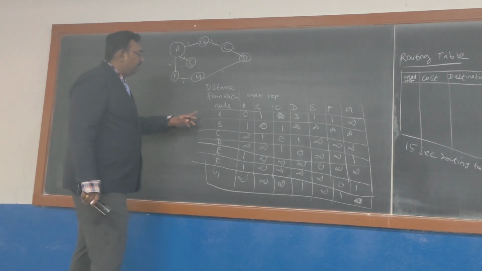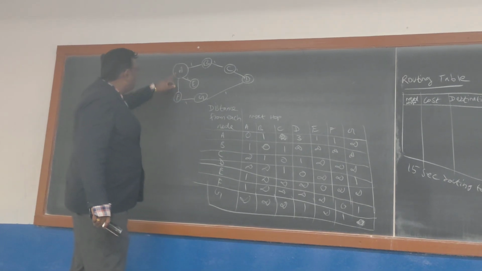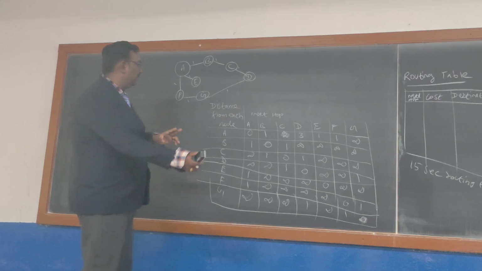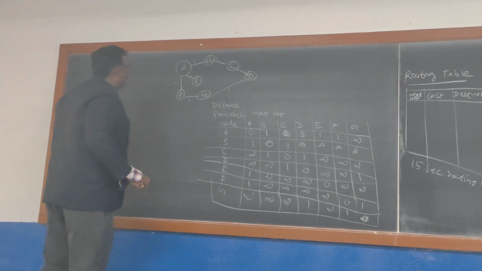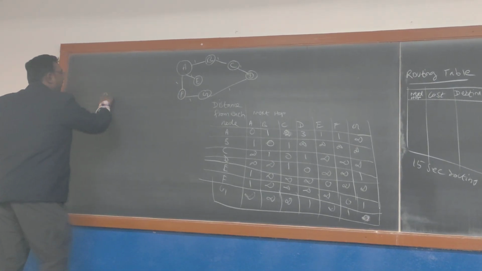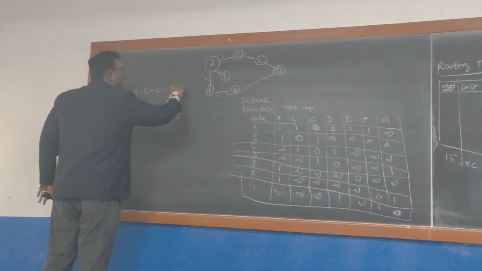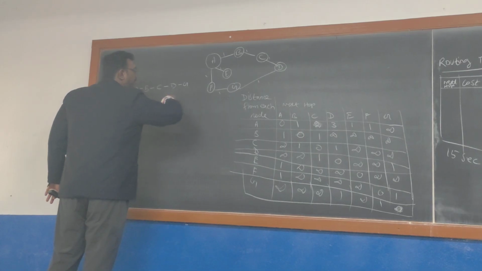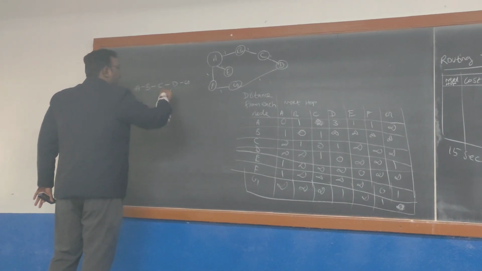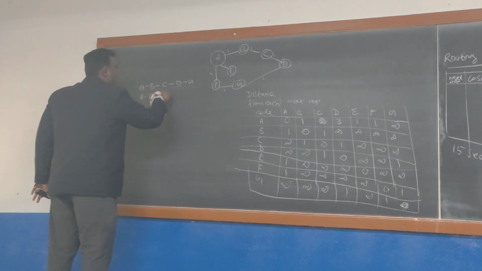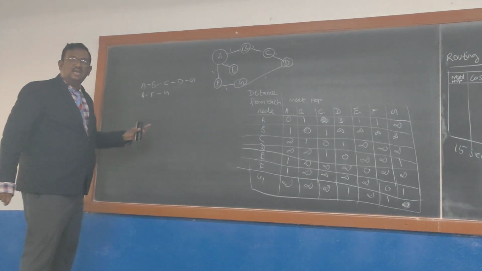Same like that, from A to G. What paths are available? 2 paths are available for A to G. To reach from A to G, one path is A to B, B to C, C to D, D to G. Another path is A to F and F to G. Now calculate the cost.